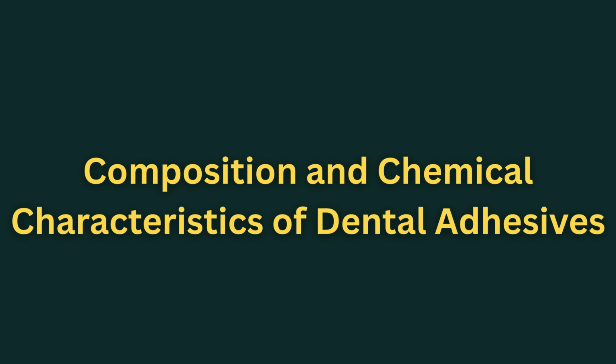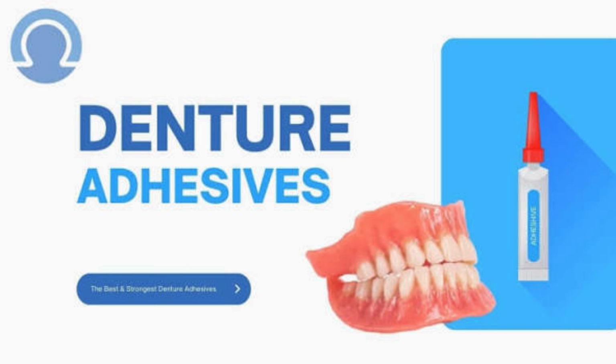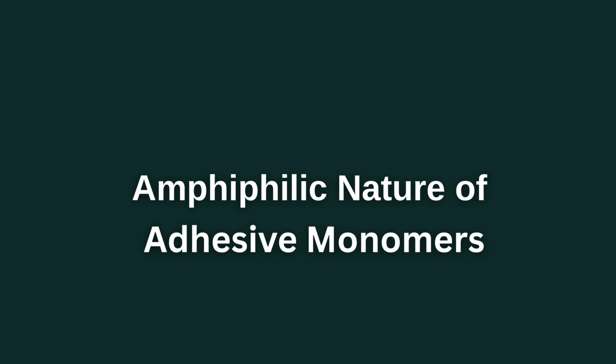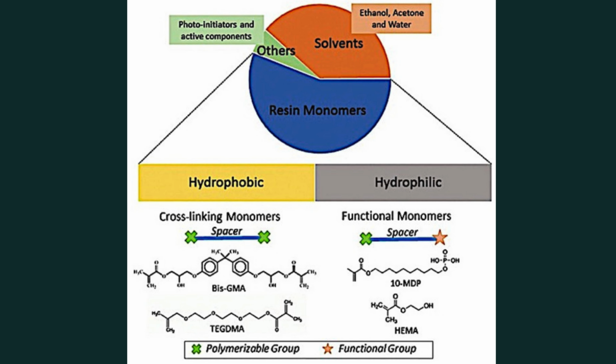Composition and chemical characteristics of dental adhesives. Dental adhesives are typically complex mixtures of polymerizable resin monomers, solvents, initiators, and additives designed to promote bonding between the hydrophilic tooth substrate and hydrophobic restorative materials. Amphiphilic nature of adhesive monomers. A defining characteristic of dental adhesives is their amphiphilic structure, meaning they contain both hydrophilic and hydrophobic functional groups.